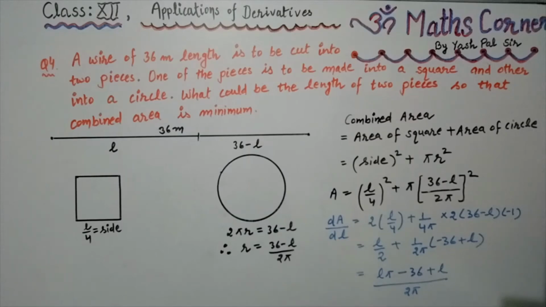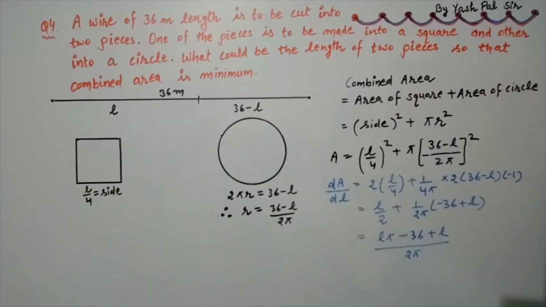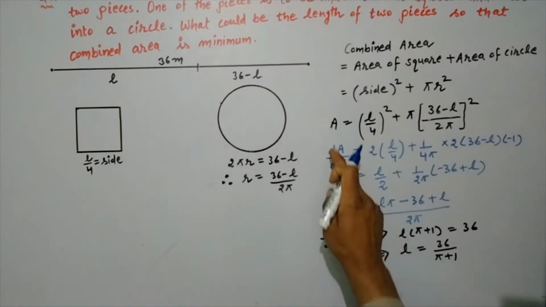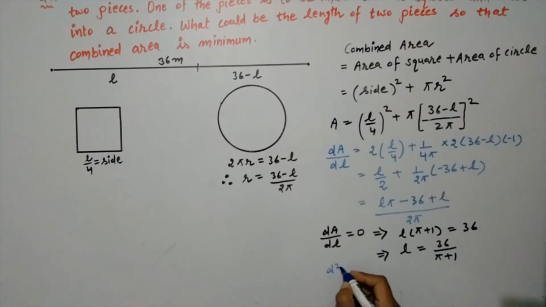Okay, from here we put dA upon dL equal to 0 in order to find the critical points, that is the value of L. Now dA divided by dL, if we put equal to 0, from this we get L is common, pi plus 1 upon 2 pi, this is equal to 36. So from here the value of L is 36 divided by pi plus 1, right?